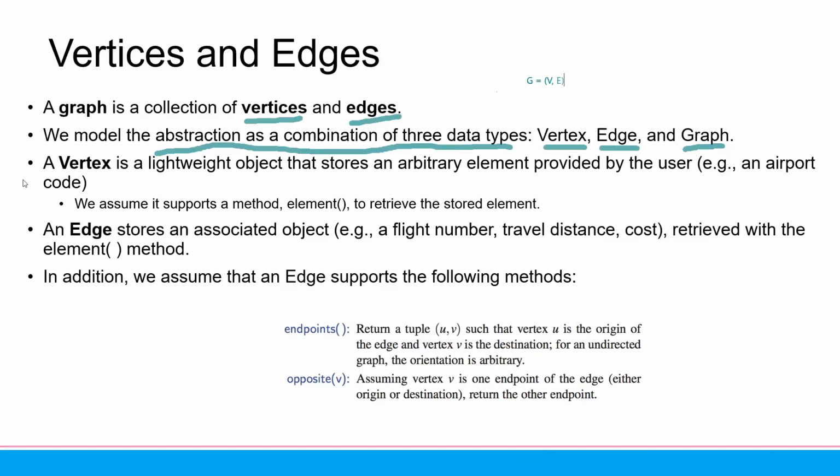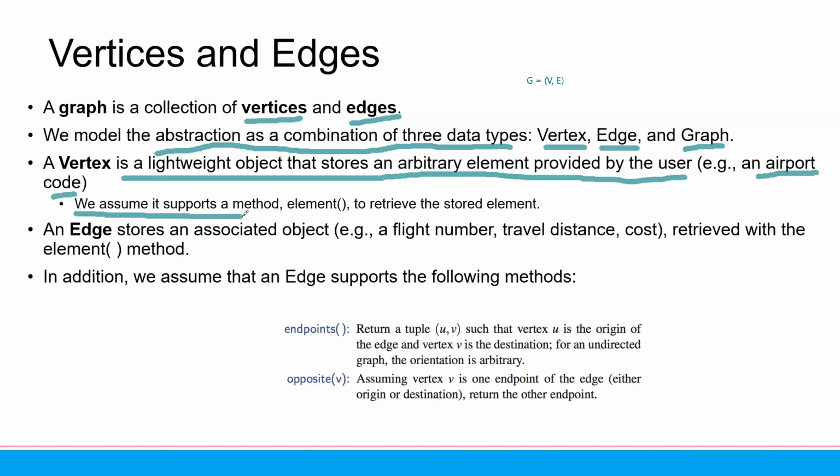A vertex is a lightweight object that stores an arbitrary element provided by the user. In the first example, we learned about the airport code. That's one possible vertex. In real life, a vertex is a place, for example a place you want to visit.